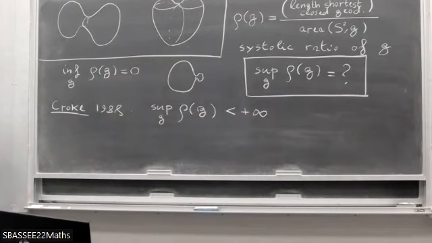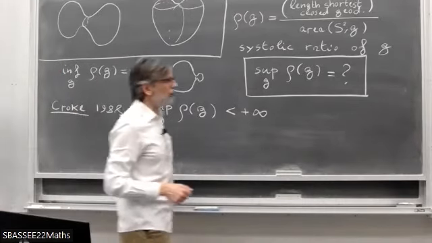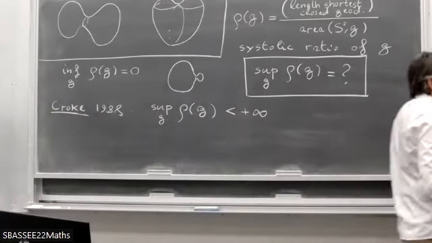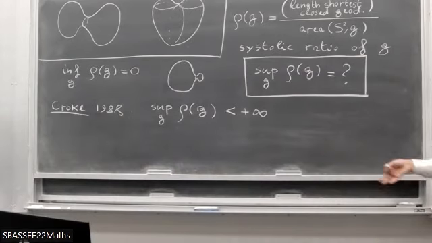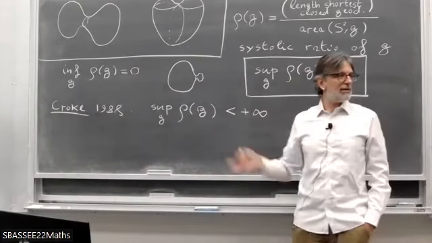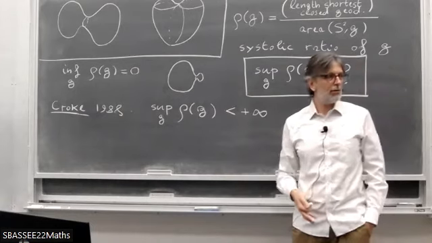In other words, if I consider all possible metrics such that the surface area is 1, then I'm always able to find a closed geodesic with length at most some big constant. And there is a lot of work trying to improve this constant. But of course, what one would like to know is what is the metric which maximizes the systolic ratio?